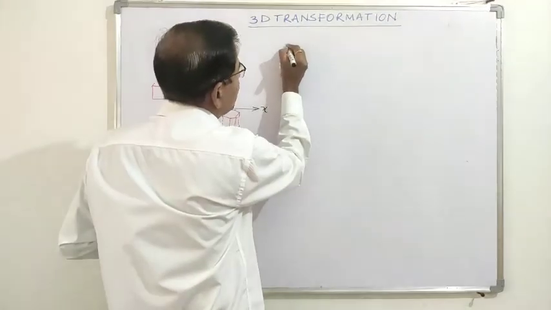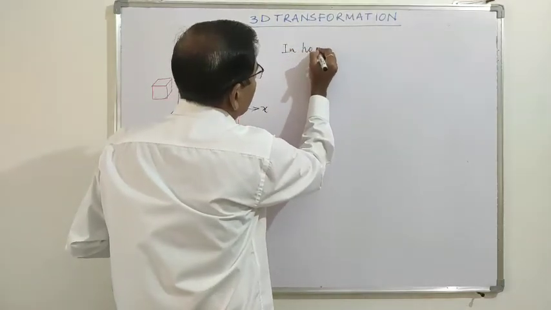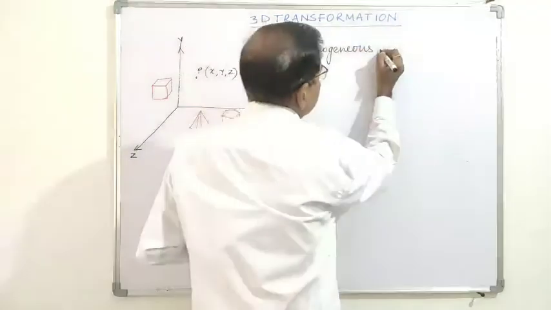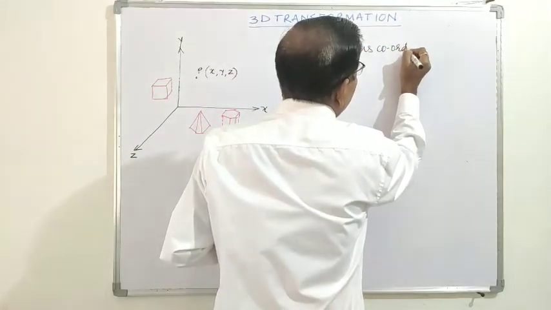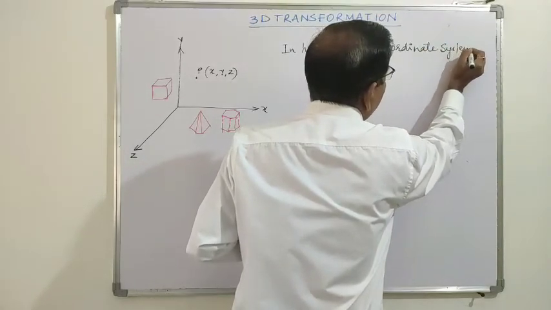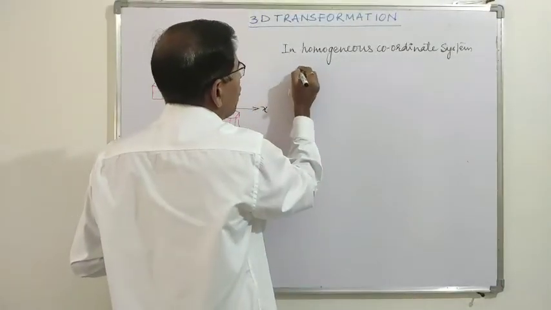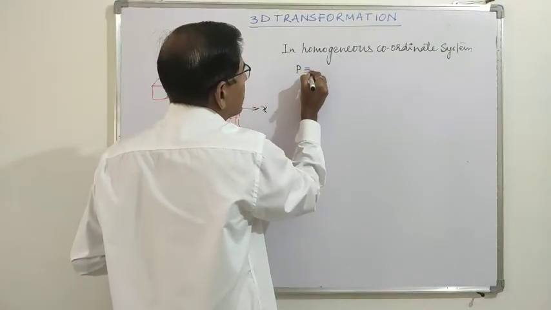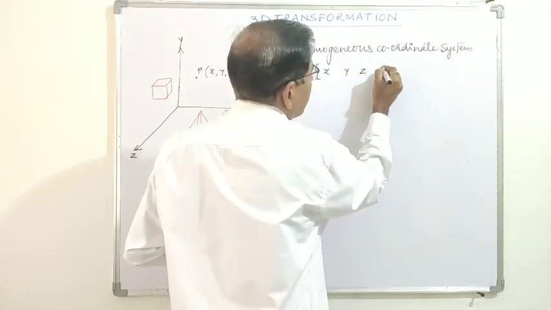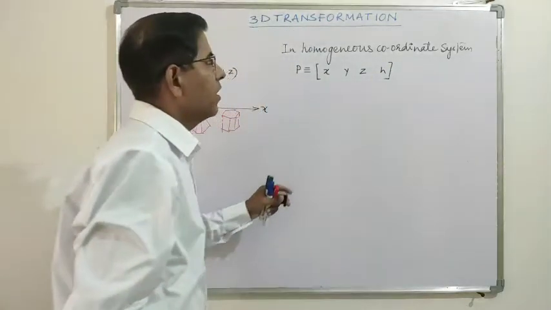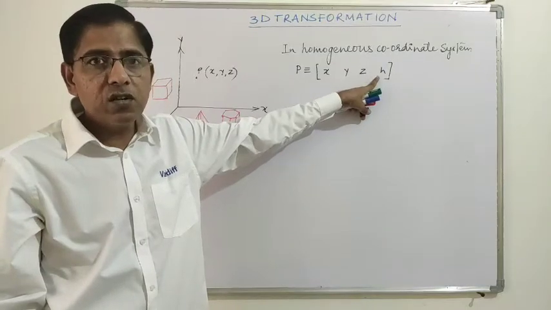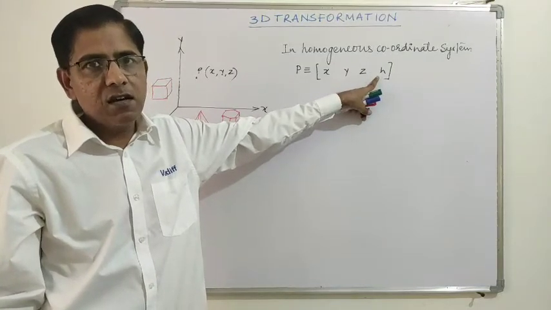Then in homogeneous coordinate system, this point P is represented as x, y, z, h. Okay, where x is the x coordinate, y is the y coordinate, z is the z coordinate, and h is the homogeneous factor, that is 1.